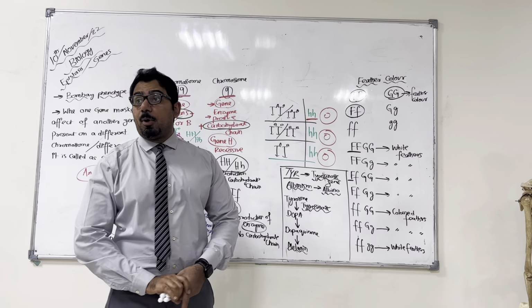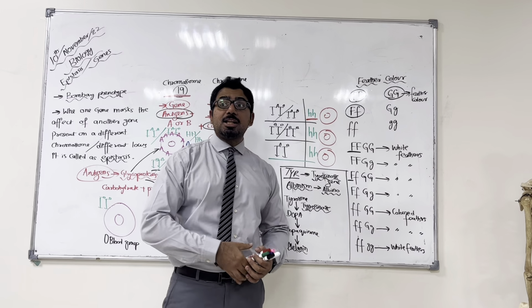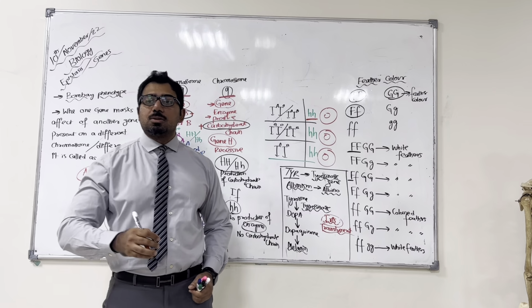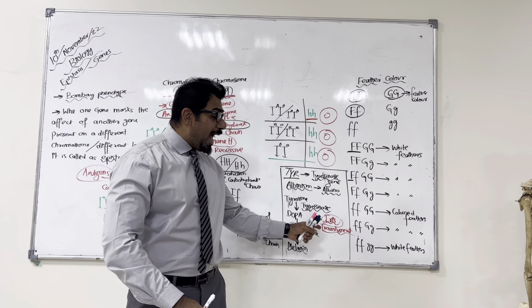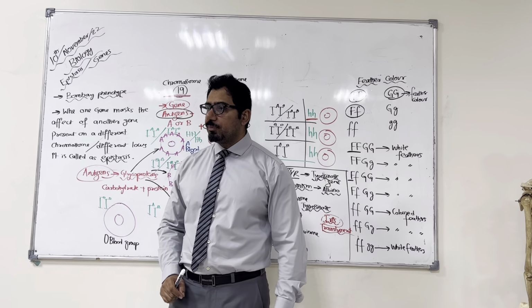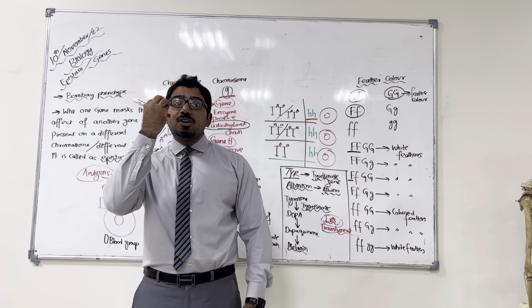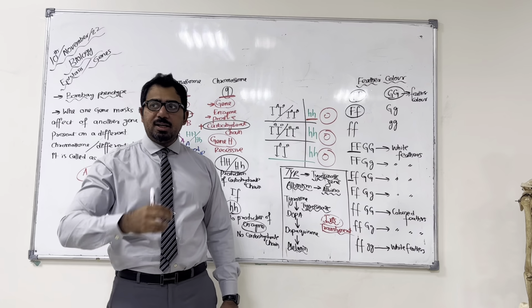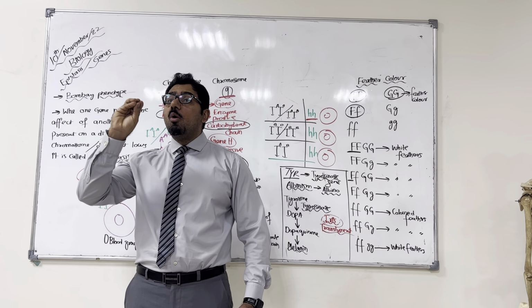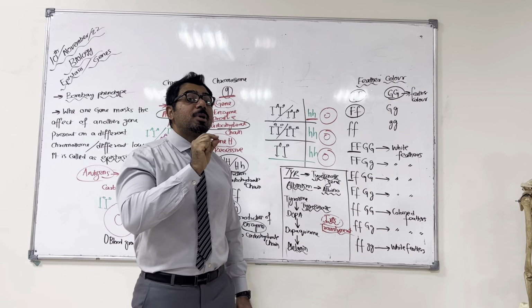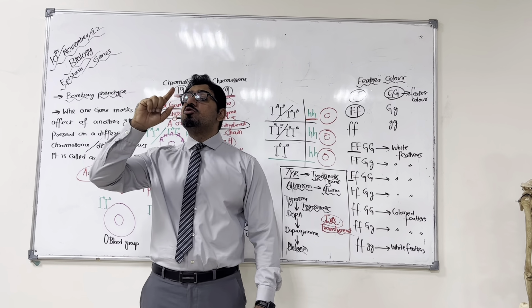Another very important point about these people: the iris of these people is translucent, right? As the iris is translucent, the light rays will be able to pass through the iris. That will overstimulate the retina cells, and because of this their vision is not clear.